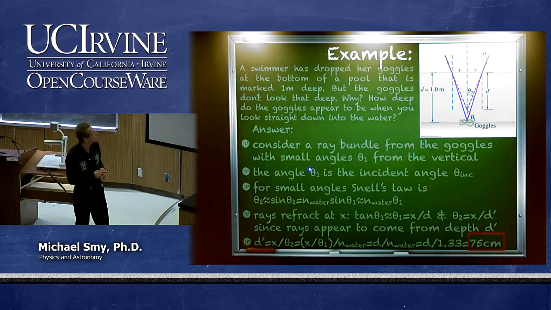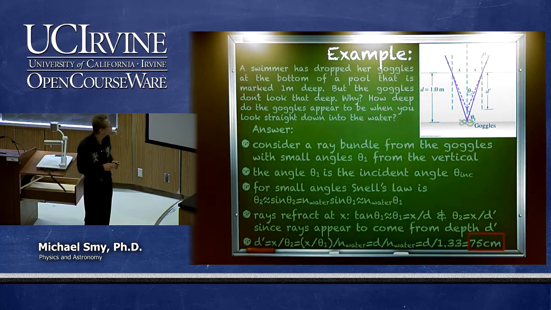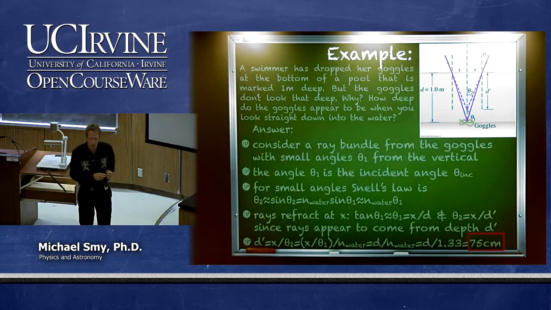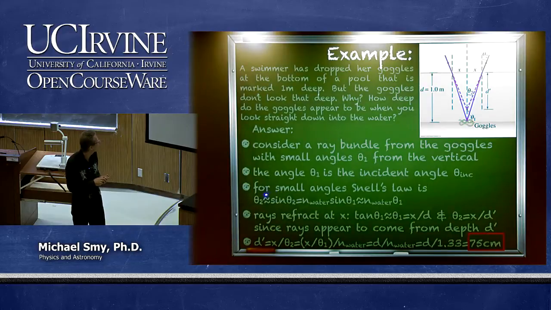If we do that, then the angle theta 1, which is the direction with respect to the vertical, which is also the normal, is the incident angle, and we can apply Snell's law, approximating the sine function with its argument. We can do that if the angle is sufficiently small.